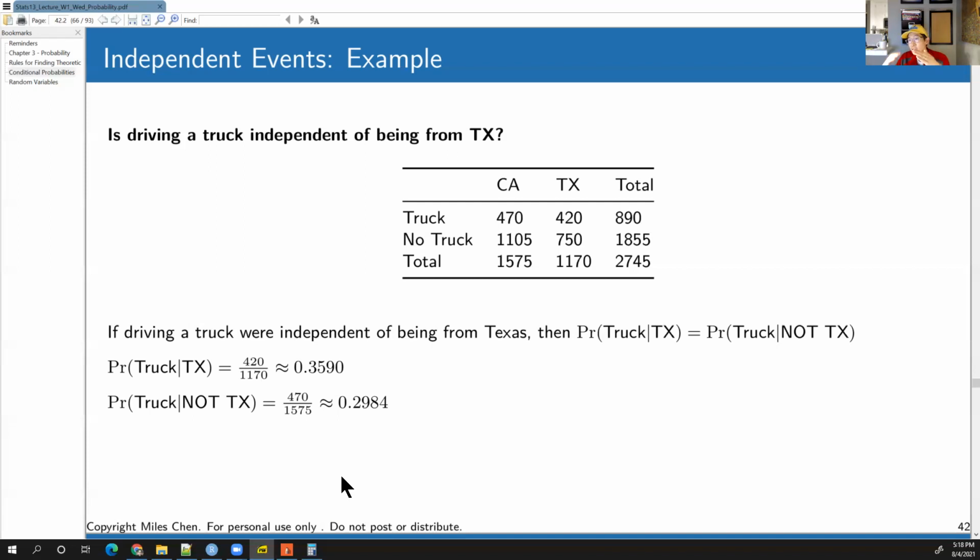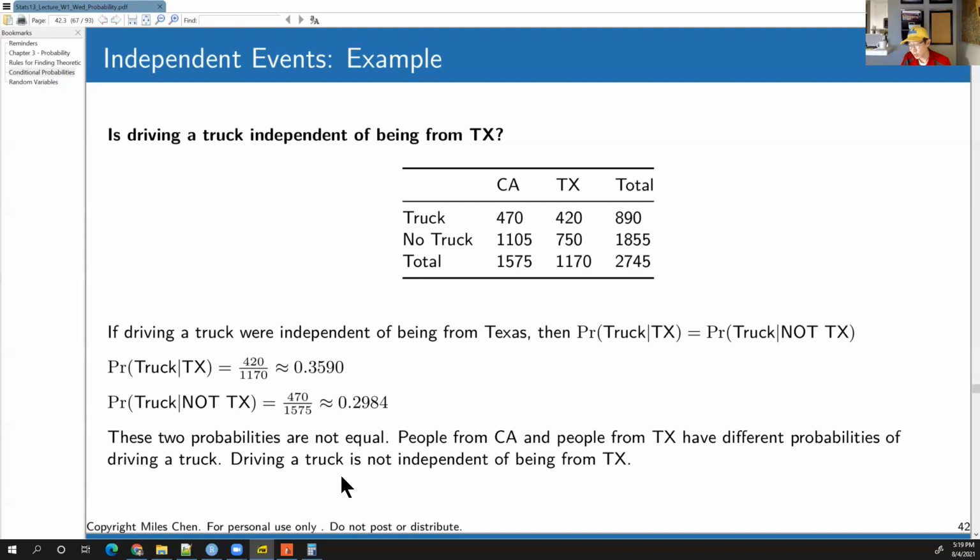So the probability that they drive a truck is actually different for people from Texas versus people who aren't from Texas. Because that number is different, they are not independent, meaning that knowing whether somebody is from Texas or not will affect whether we believe this person drives a truck or not.